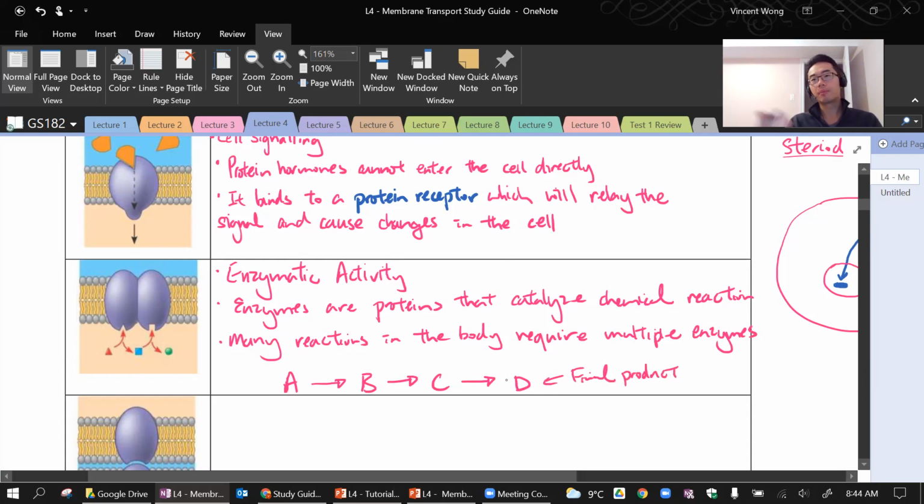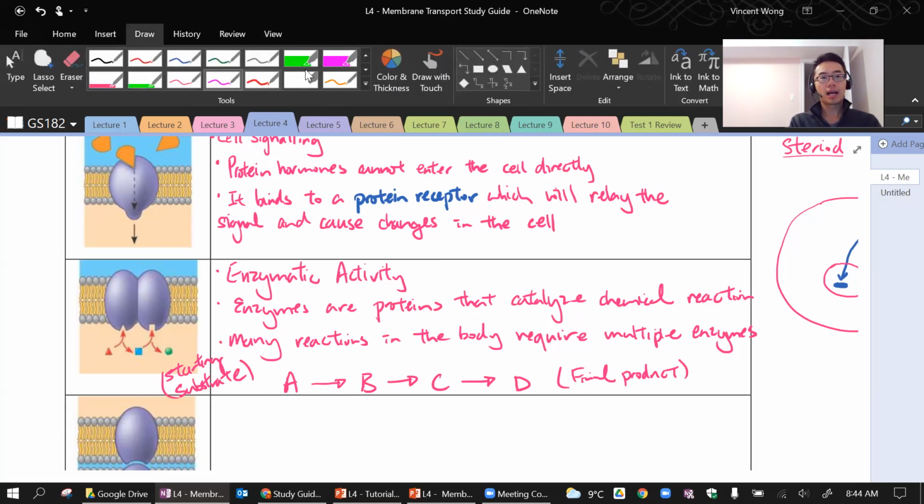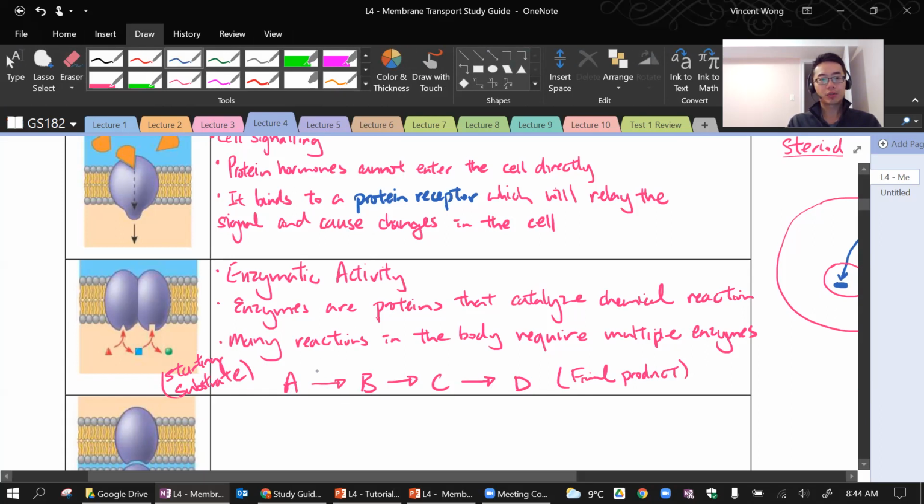Maybe you make an amino acid in the body, and A is the starting substrate, and D is the final product at the end. So it takes 3 steps, and each step you are going to need an enzyme. So here you would need enzyme number 1, enzyme number 2, enzyme number 3.